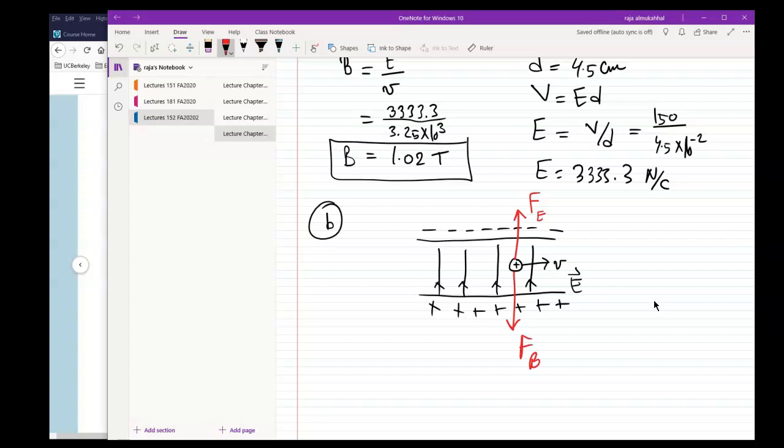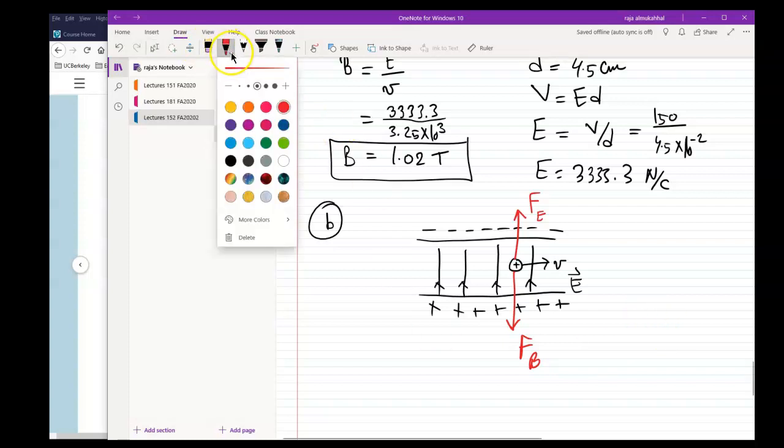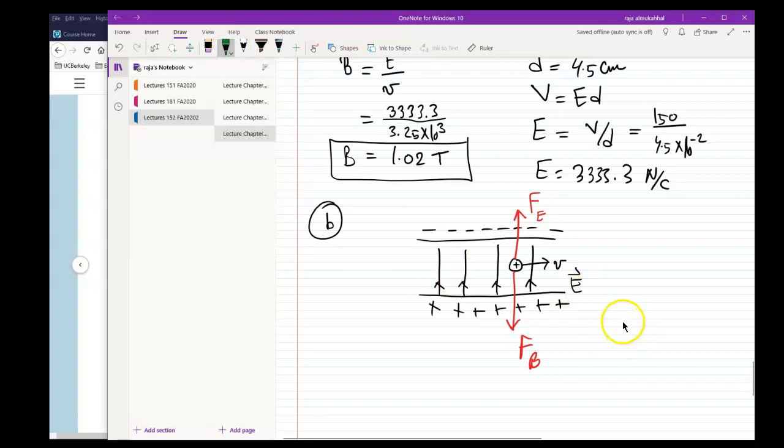And it's equal. Remember, it's a velocity selector. Fe and Fb are equal. So the magnetic force has to be in that direction. Well, how am I going to get that in that direction? The only way is, again, using the right-hand rule, and I wish I could show you my hand, but it's going to be out of the page.